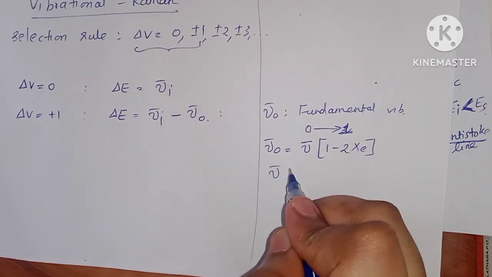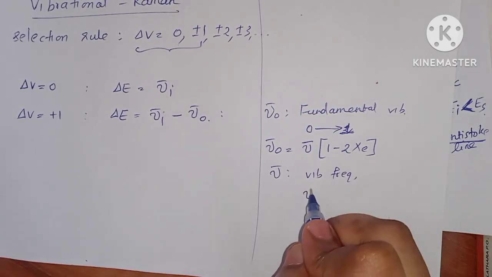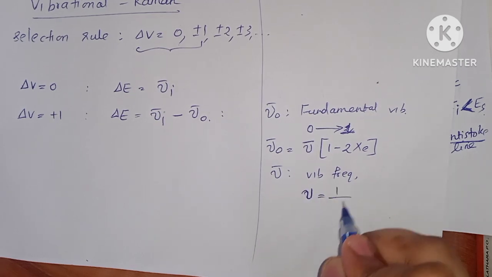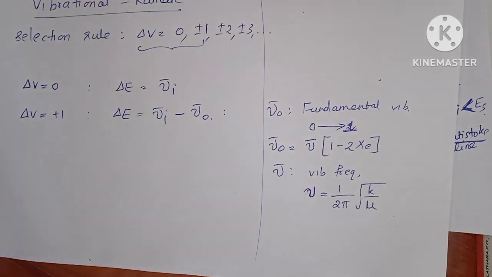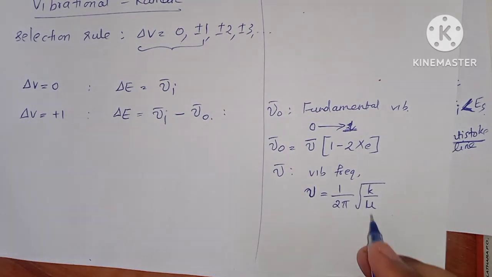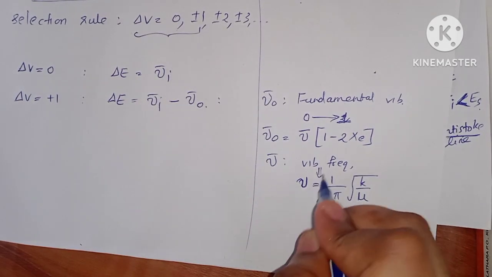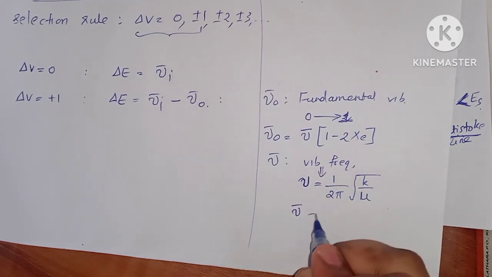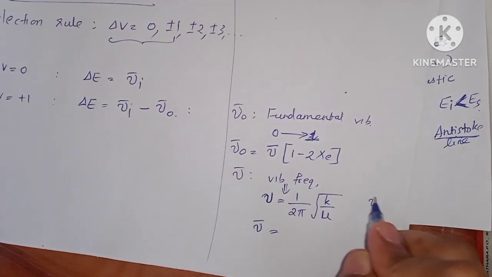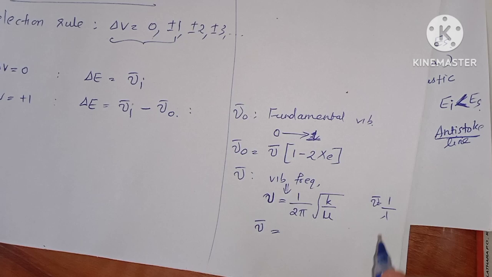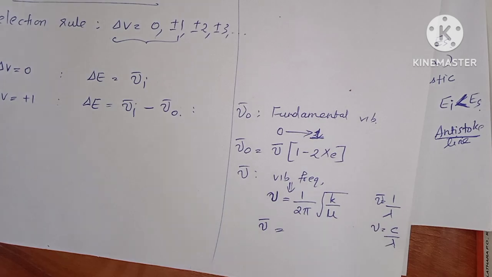And this mu bar is obtained from the vibrational frequency of the molecule, where the vibrational frequency mu is equal to 1 by 2 pi root of k by mu, where k is the force constant and mu is the reduced mass. So this is mu, the vibrational frequency. The energy corresponding to the vibrational frequency, mu bar, we know that mu bar is equal to 1 by lambda, and mu is equal to c by lambda.